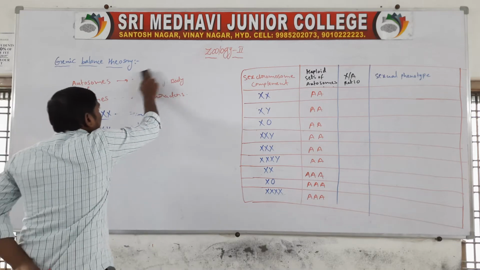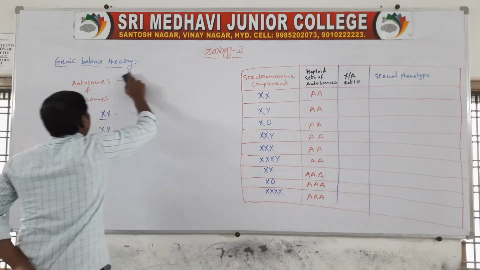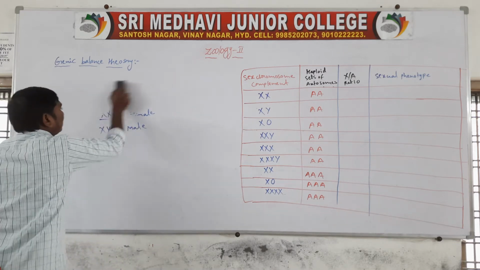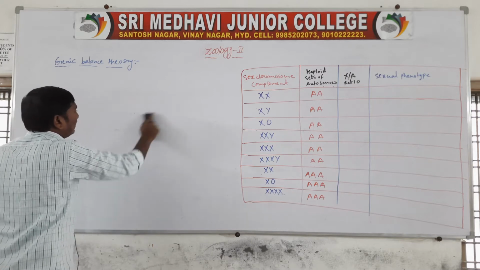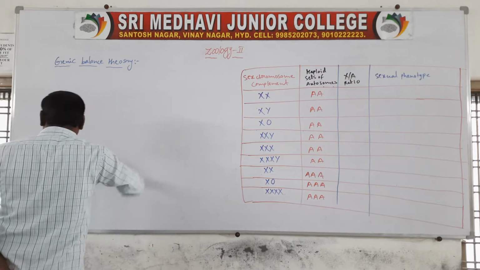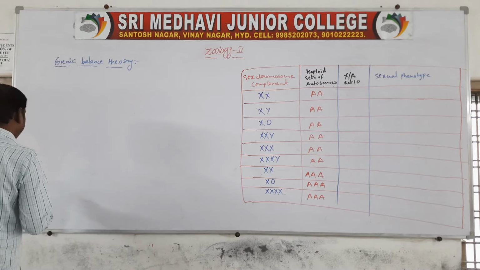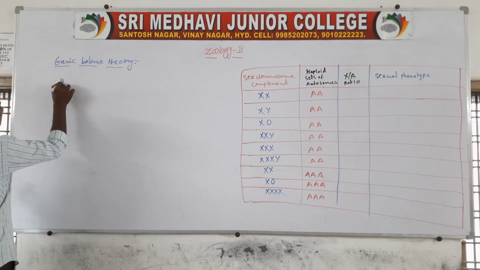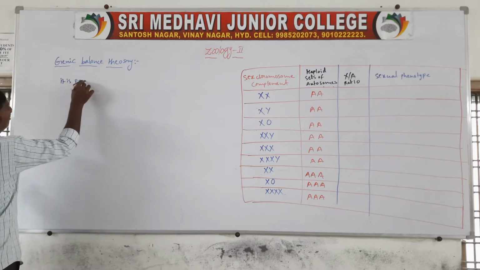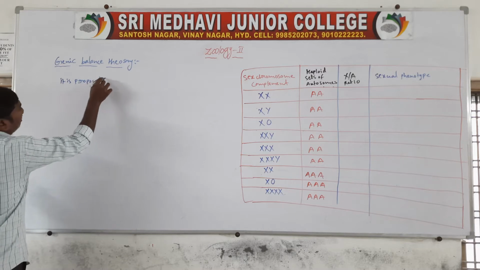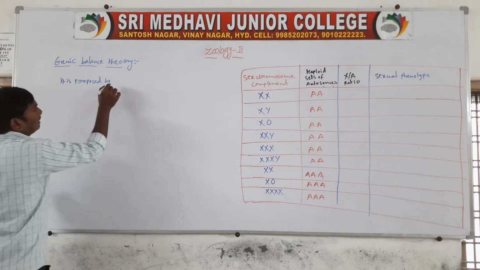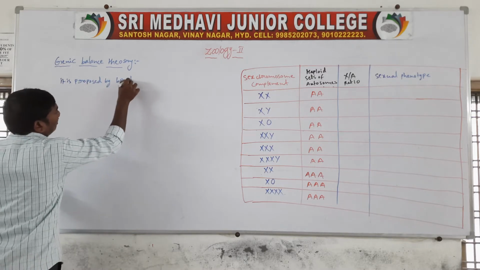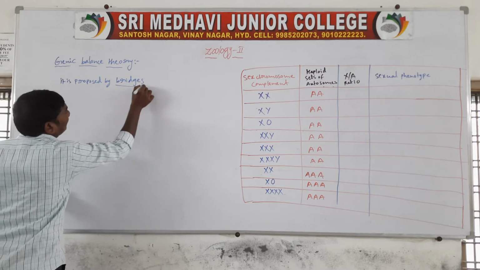The genic balance theory was proposed by the scientist Bridges.